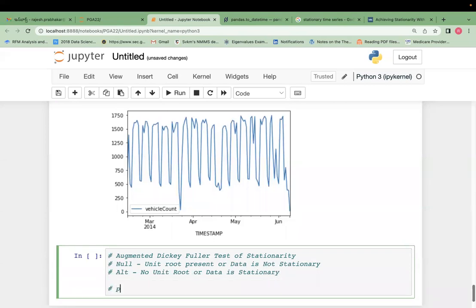And we will use the same p-value notation. P-value less than 0.05, we reject the null hypothesis. Similarly, p-value greater than 0.05, we fail to reject the null hypothesis.